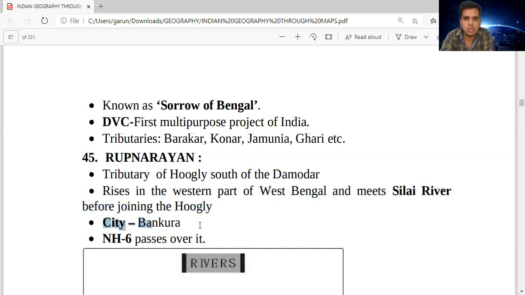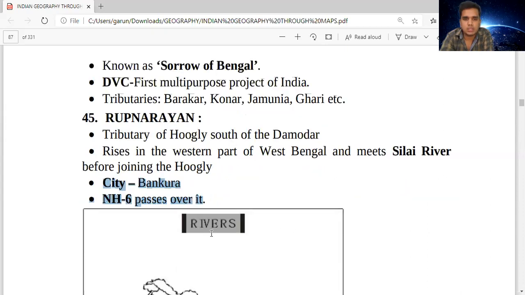City Bankura. National Highway 6 passes over it.